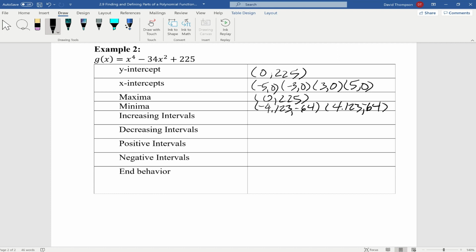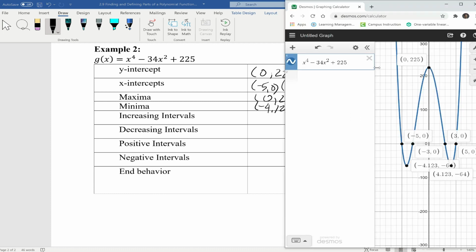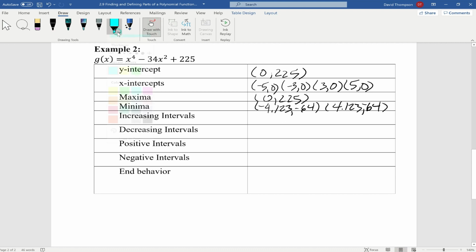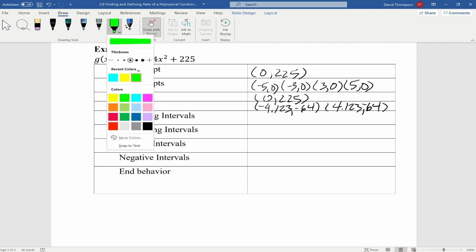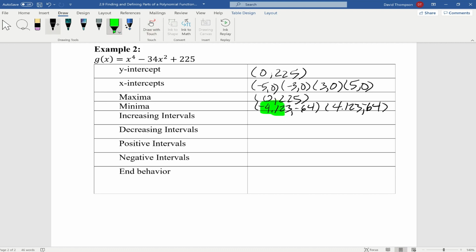Now let's handle our increasing and decreasing intervals. So we start by decreasing from negative infinity to negative 4.123. That's using our minimum.